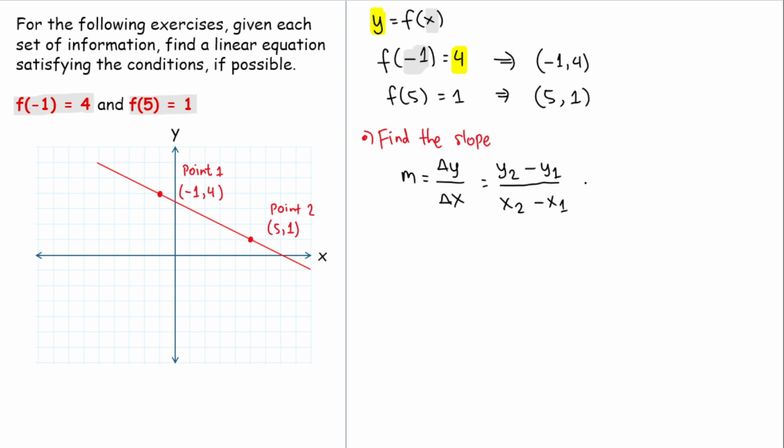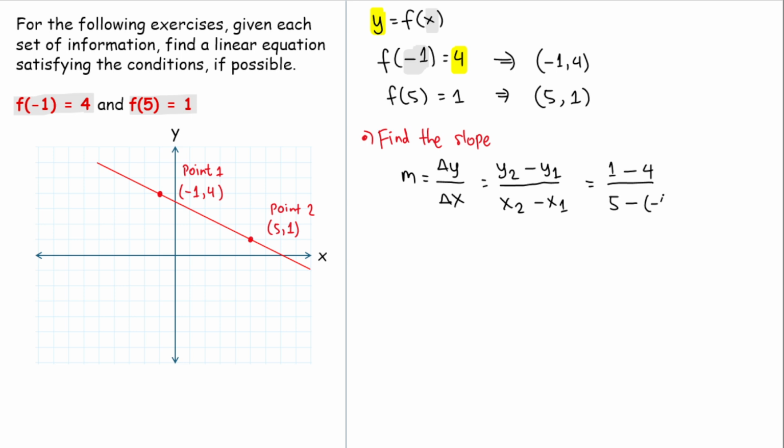In this case here, our y2 is 1, because this is point 2, the y part of it, and then minus y1. So I will have 4 here, 1 minus 4. And then divided by x2, which is 5, and then minus x1. x1 is minus 1.